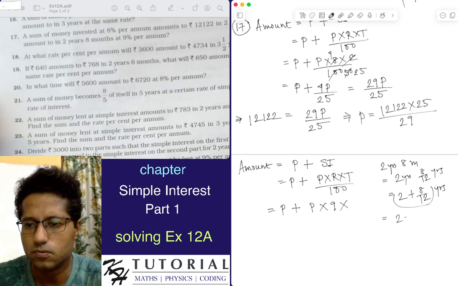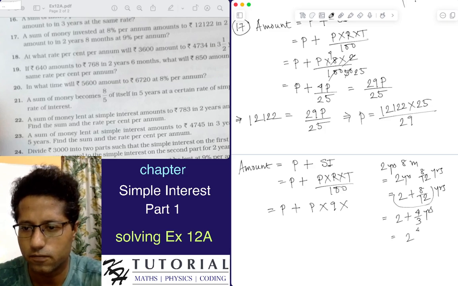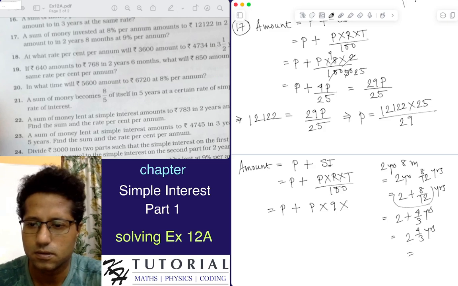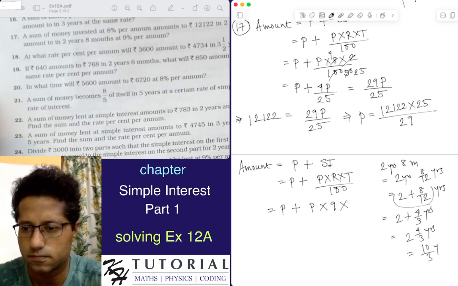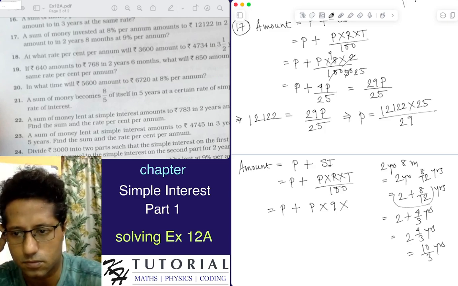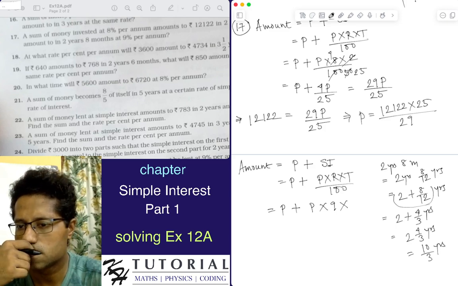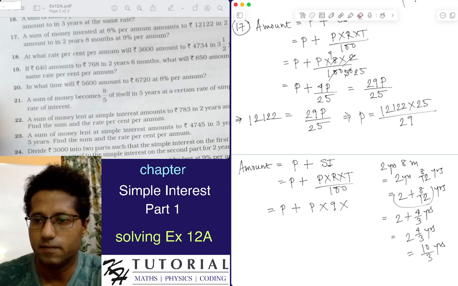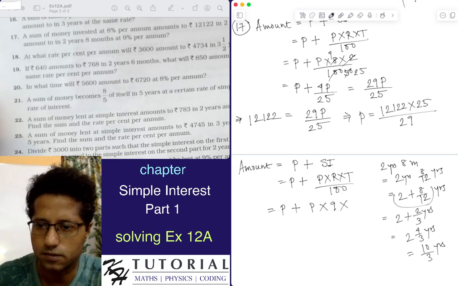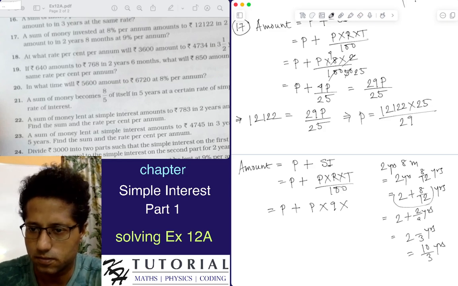This is 2 plus 2 by 3, because 8 by 12 is 2 by 3.